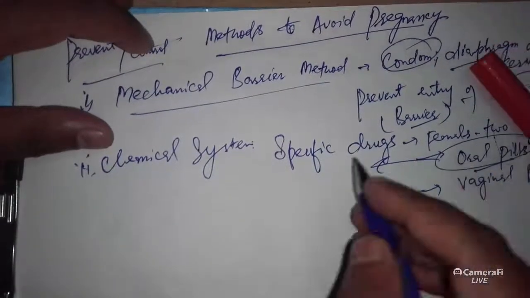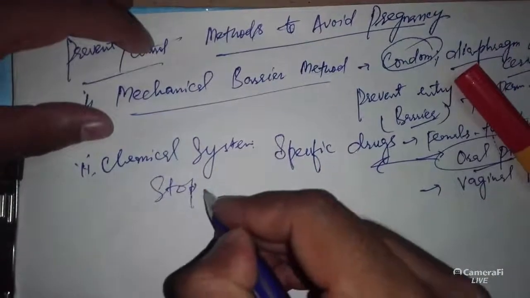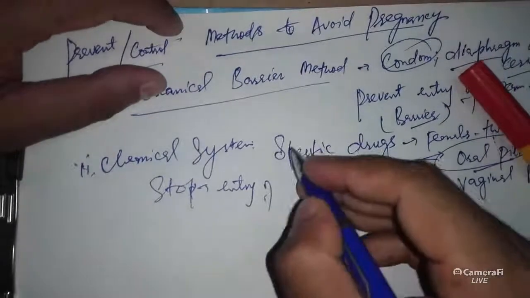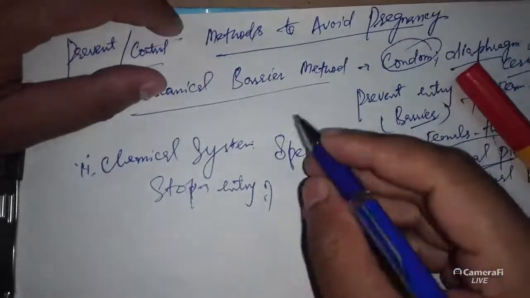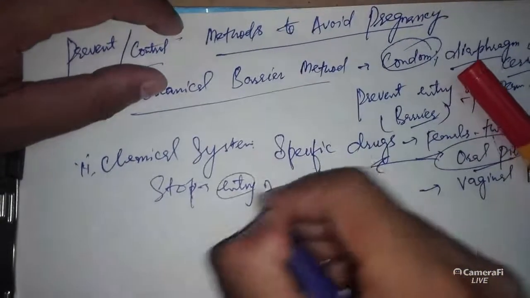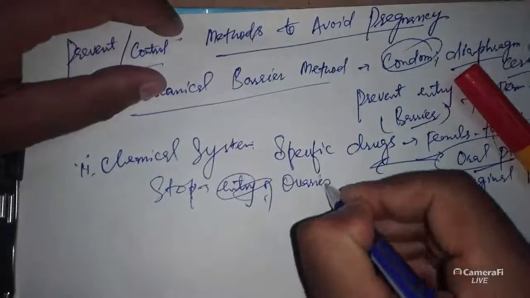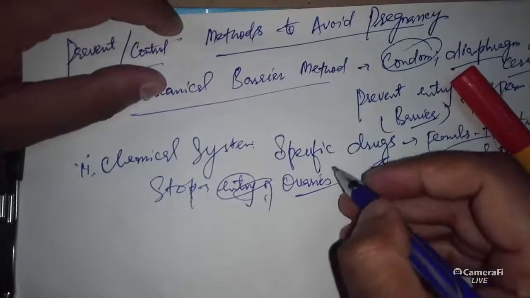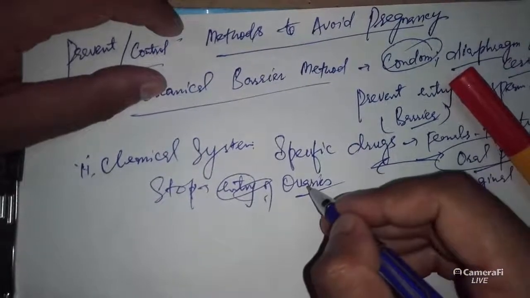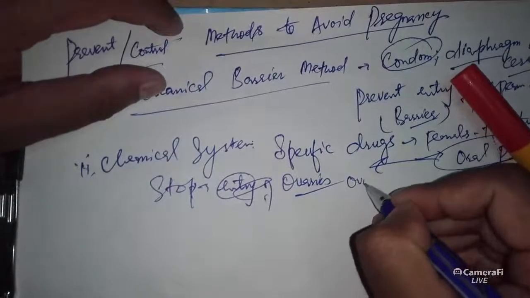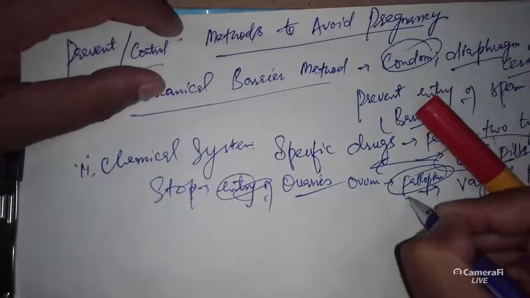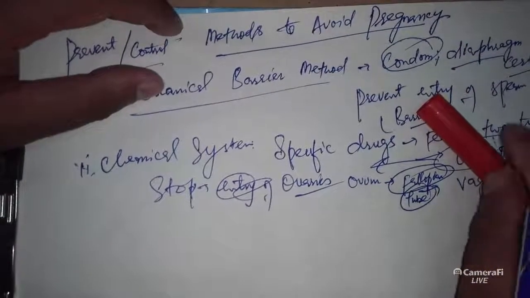So these oral pills stop the ovaries from releasing the ovum. Ovaries will release the ovum, but these oral pills, which contain hormones, stop the ovaries from releasing the ovum, that is the egg, into the fallopian tube, because only in the fallopian tube will fertilization take place.